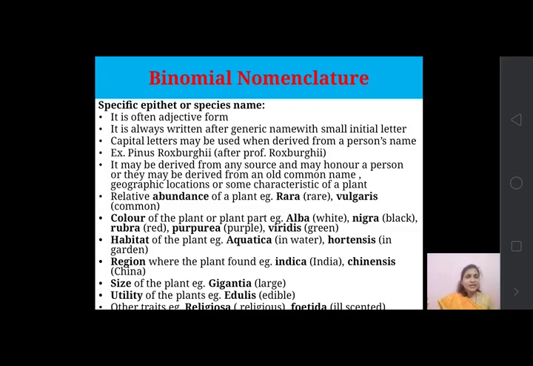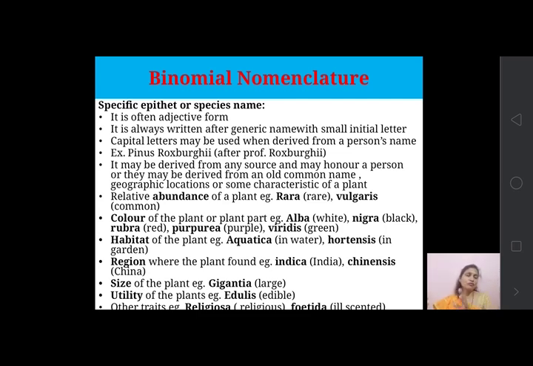Now let's see the specific epithet, or species name. It is often in adjective form, whereas the generic name is in singular form. The species name is always written after the generic name.